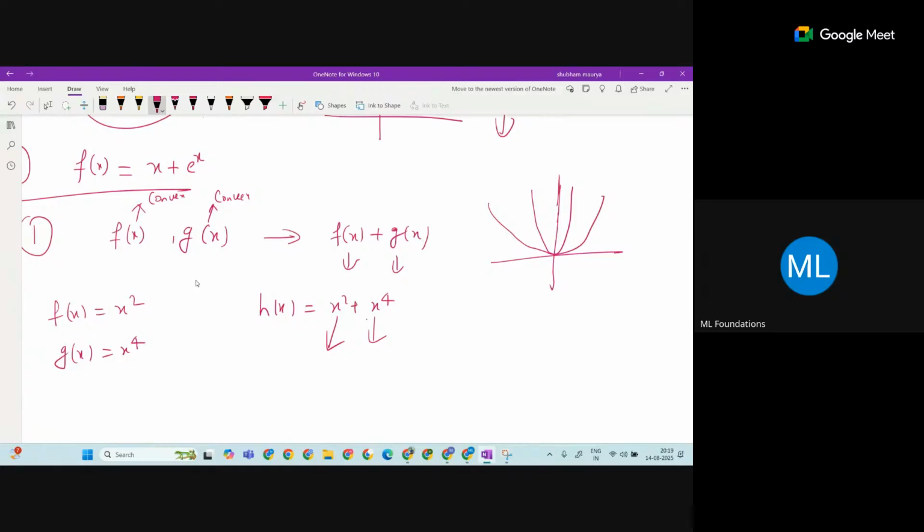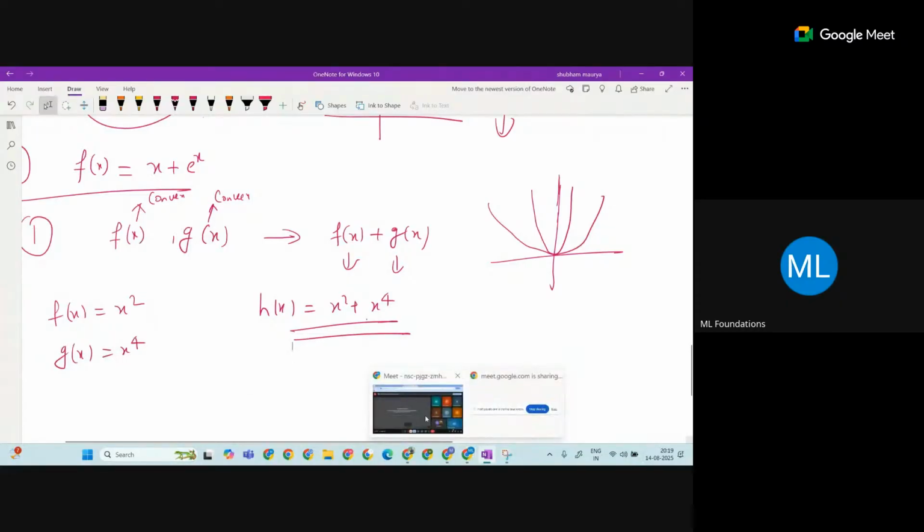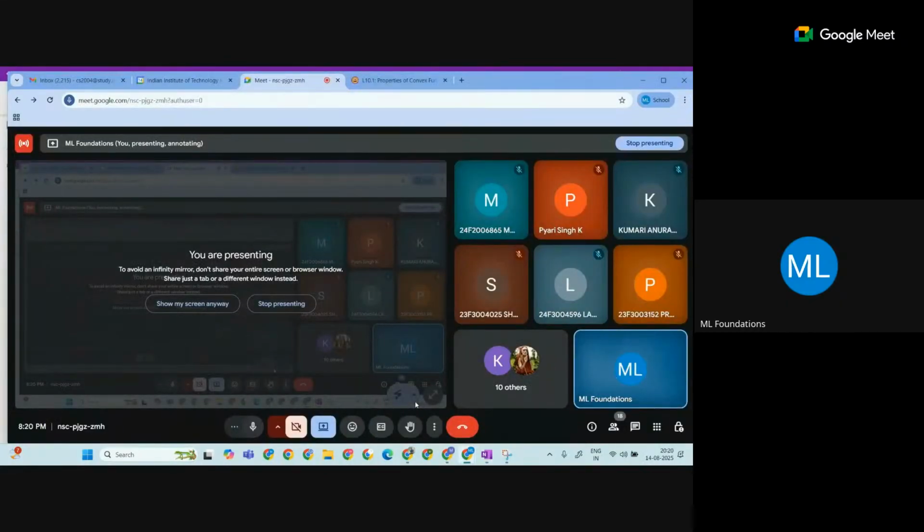Otherwise, in mathematics, there are very different ways to define the addition of two functions. Here it is a simple addition as usual. So in this way, if two functions are convex, their addition is going to be a convex function. Is this clear? Yes, sir. Okay.